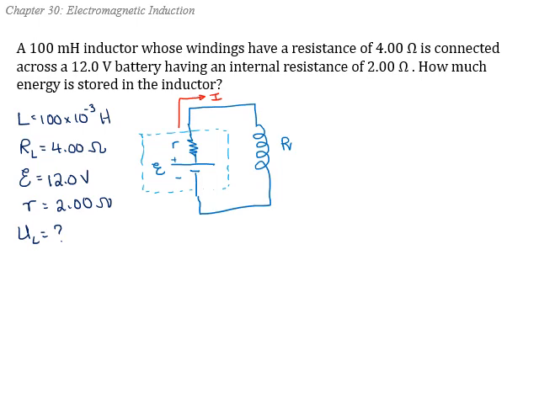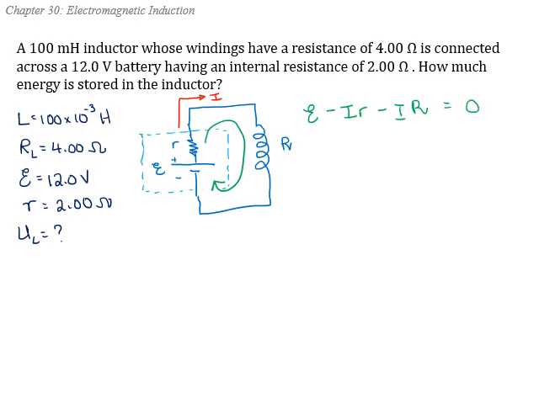Let's use Kirchhoff's law. If we draw a loop around our circuit and apply the loop rule, we know that the potential increase is due to the battery, that's epsilon. We get a potential decrease across the internal resistance, and a potential decrease across the inductor. So we have our increase due to the battery and the drops over the two resistances.